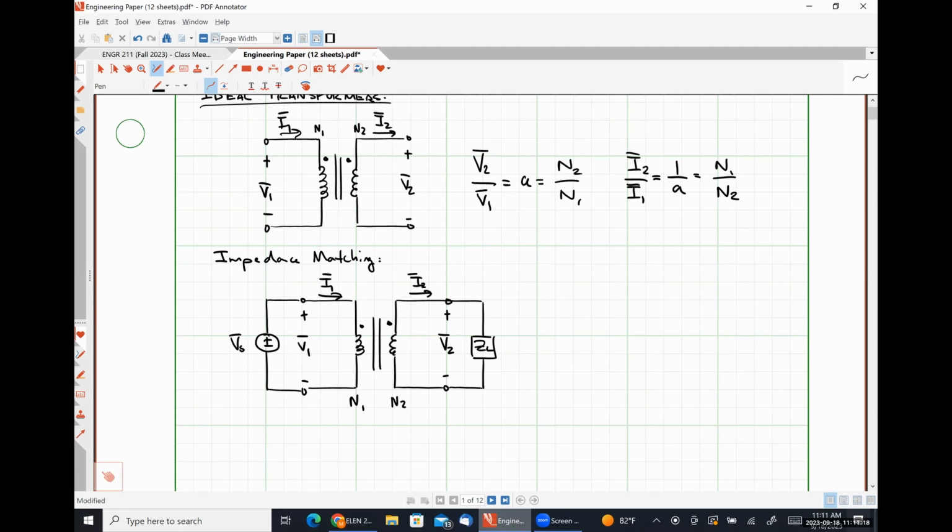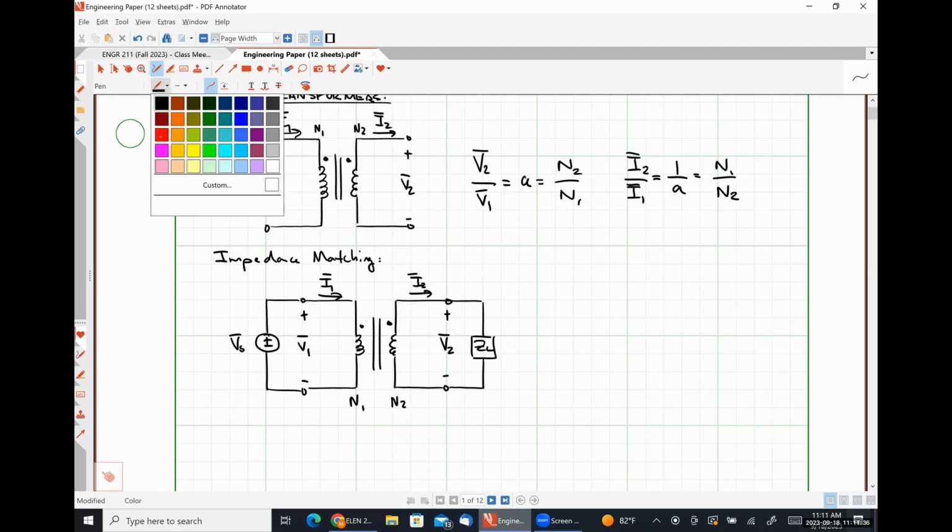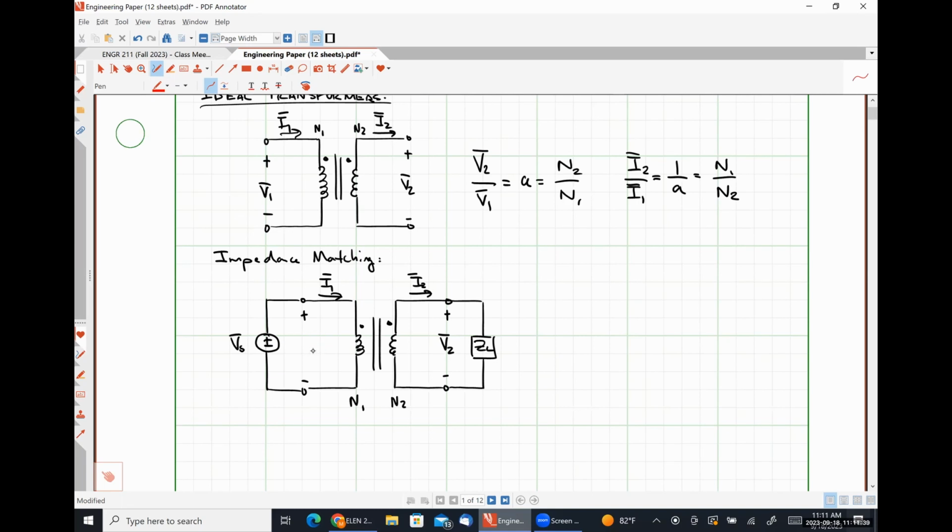So what should V1 be in terms of V2? So I'm going to replace V1 with V2 over A. What will my current I1 look like?